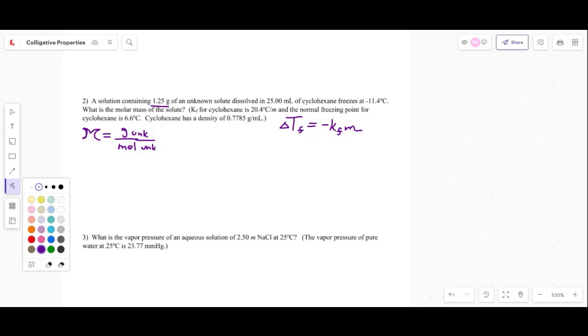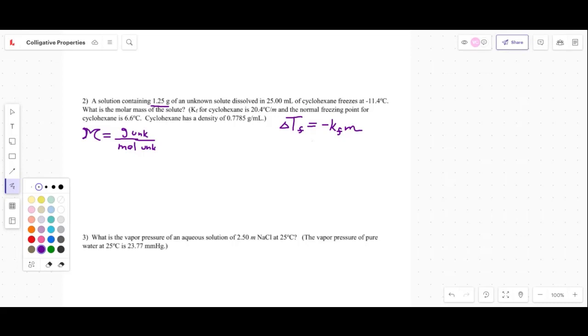So before you make the solution, the freezing point would be 6.6. But after you add the solute, the freezing point drops. It's a freezing point depression. And therefore, I think it makes more sense to have it as a negative Kf m. However, if you prefer to use positive Kf m, that's totally okay as well.